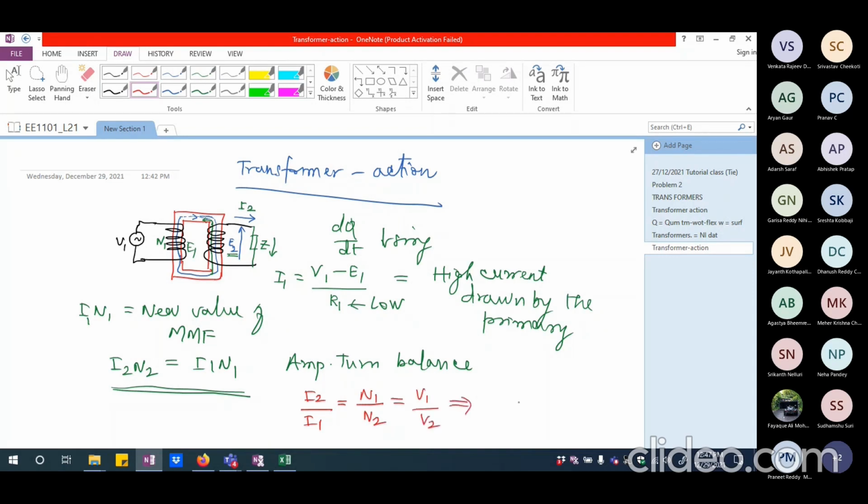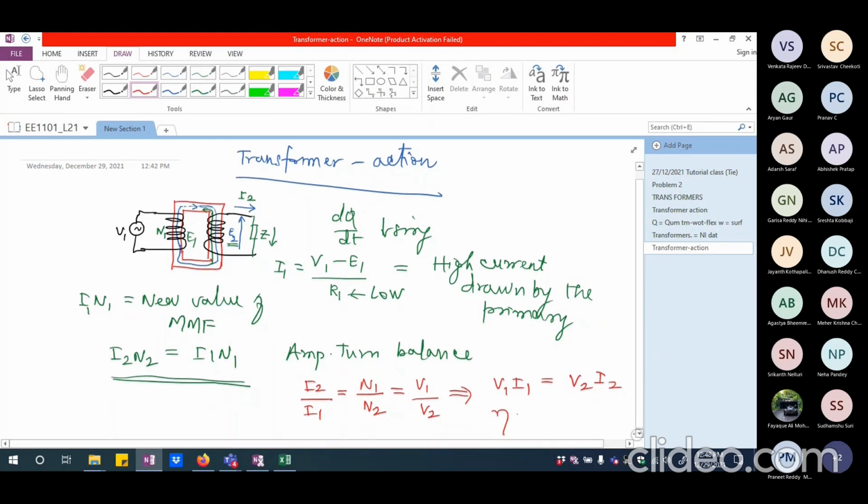From which roughly I can say V1 I1, the volt ampere of the primary, will be approximately equal to V2 I2. Actually, in an ideal transformer, V1 I1 and V2 I2 should be exactly equal to each other. Generally, the efficiency of a transformer will be as high as 97% or 98%.